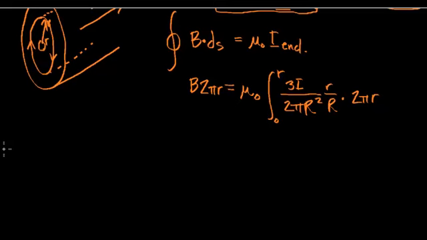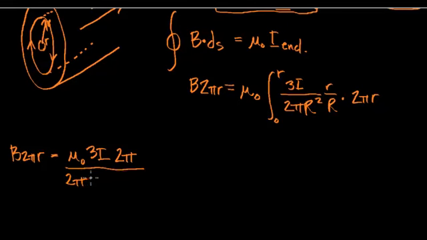Okay, I'm going to move over here a little bit. We have a ton of constants, so let's pull them out, and then the integral is going to be trivial to solve. So we get mu naught 3I over 2 pi R cubed.